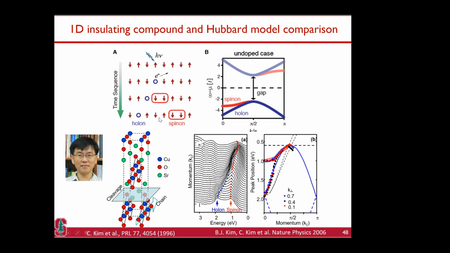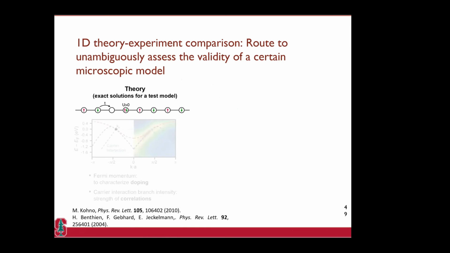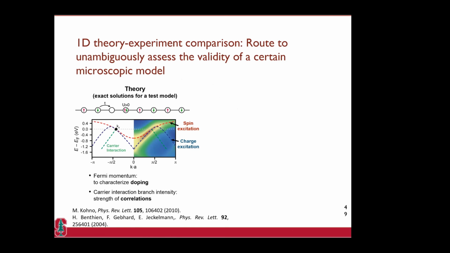That's Chang-Yan Kim, who started this, and then later worked with BJ Kim after he went back to Korea to get this. So this, of course, is something this community is very well aware of. Okay. The question is whether in 1D you can take the step further, and it turns out it's difficult.